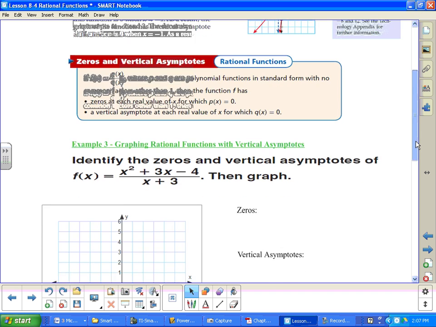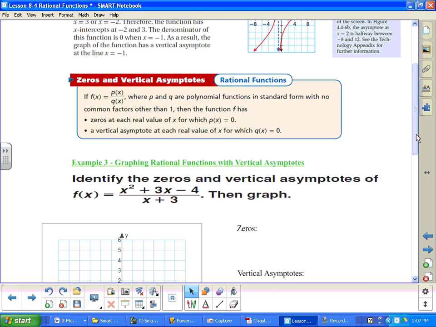Now we have zeros and vertical asymptotes. If we have a polynomial in the numerator and a polynomial in the denominator, any place that the numerator is equal to 0 is where we have zeros.